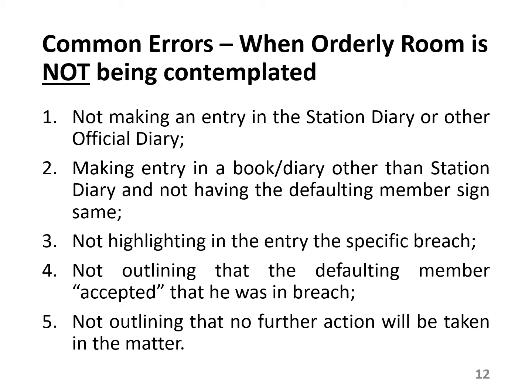Number three, not highlighting in the entry the specific breach that the person actually committed. Four, not outlining that the defaulting member accepted that he was in breach. Five, not outlining that no further action will be taken in the matter.